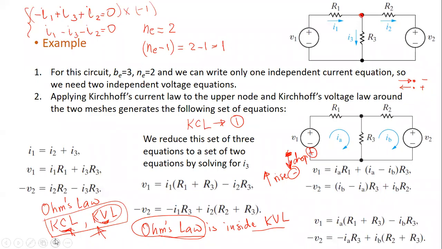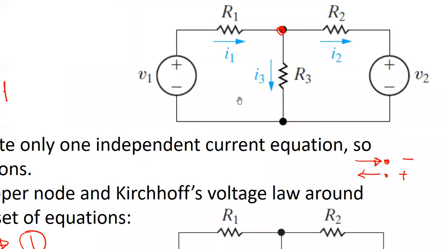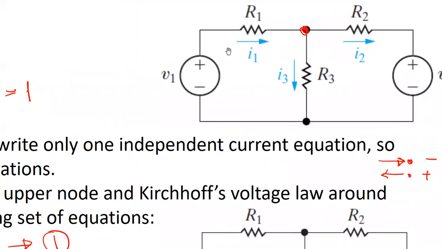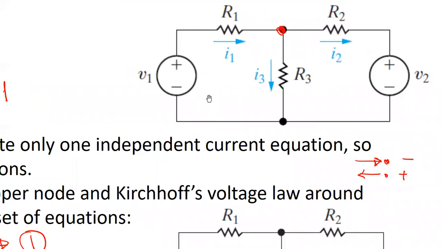Okay. And now I want to write for this loop, and I will start with V1. Let me magnify the circuit. So I'm going in the clockwise direction. V1, is it voltage rise or voltage drop? Rise.